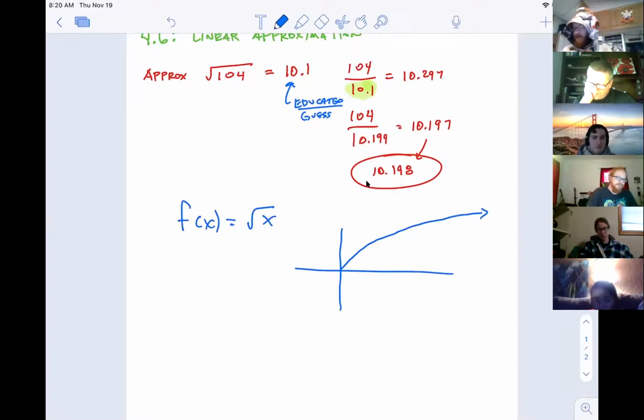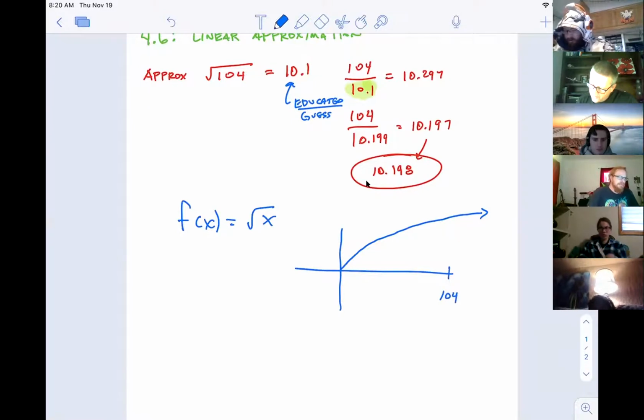And so the idea is this: we're out here at 104 and we're trying to find, if you will, that y coordinate right there, right? Because if you stick x as 104 in, then the y coordinate is your answer to this. So we're trying to find that y coordinate up there. And we can't, because the square root of 104 is not a perfect answer.